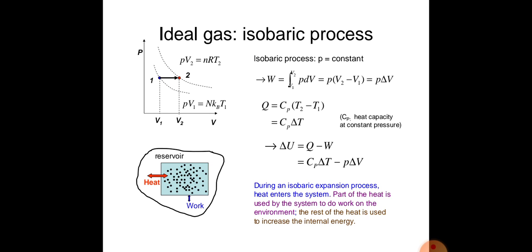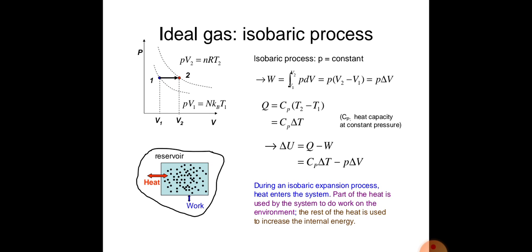The work done is W equal to the integral of P dV, equal to P into (V2 minus V1), that is, P ΔV. Q is equal to Cp into ΔT, which is the temperature difference T2 minus T1. Cp is the heat capacity at constant pressure.